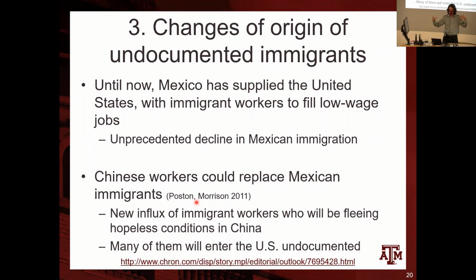So right now, the net migration between Mexico and the US, people coming from Mexico to the US and going from the US to Mexico, is pretty much equal. The net migration between the two countries is zero because you had a huge decline in immigration from Mexico to the US.